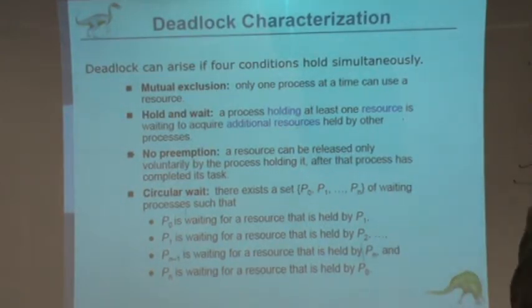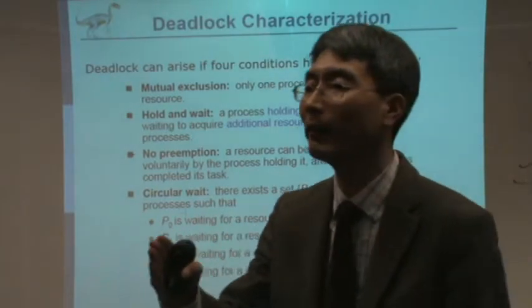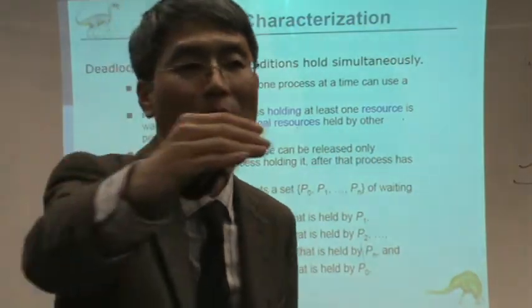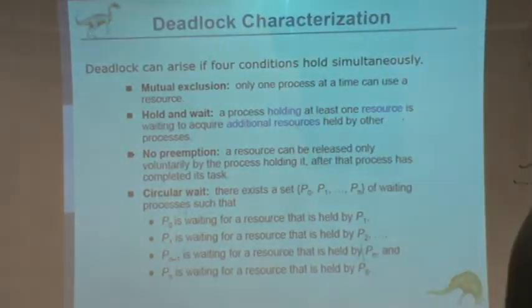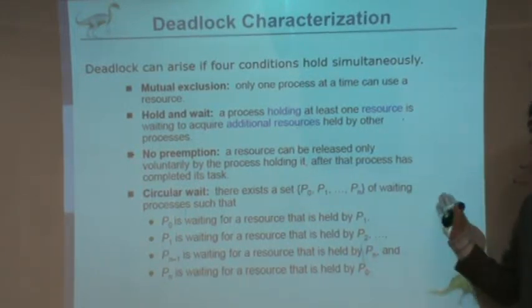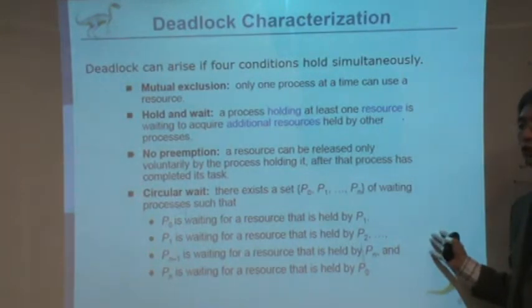Circular wait. We need to check every time whether there is a circular wait. In case of a circular wait, we cannot make the request. We will see details about circular wait. This is the most important characteristic of the deadlock situation.